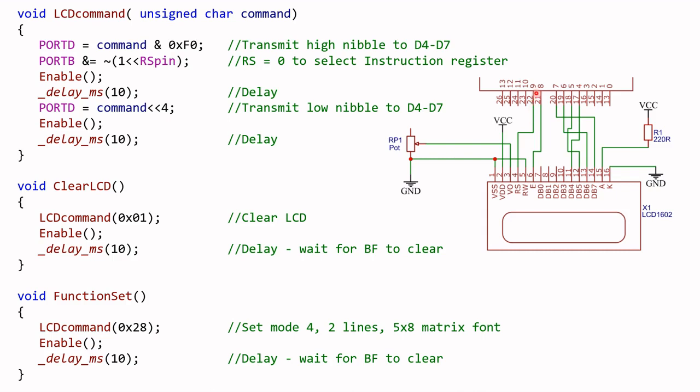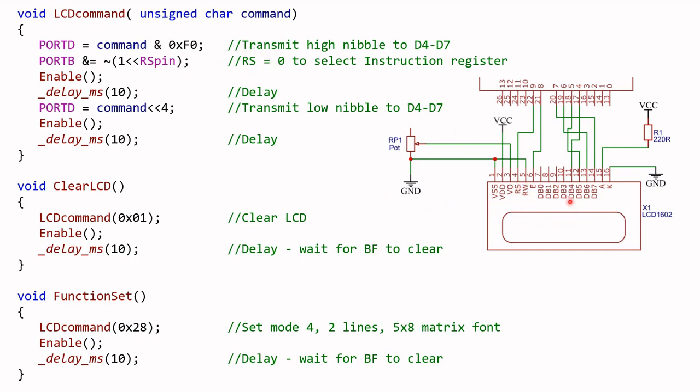Basically, that will send a 0 to this. Now, this then will select the instruction register in the module to prepare it to receive the command code. So this line here will basically set the RS pin to 0.